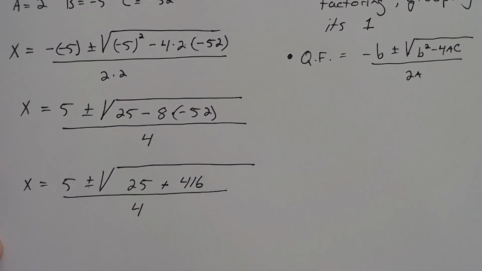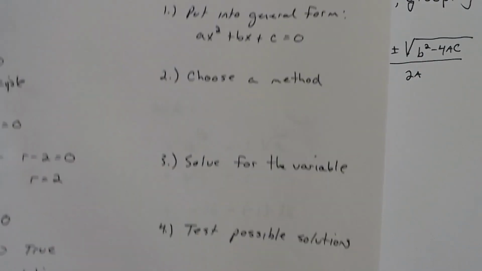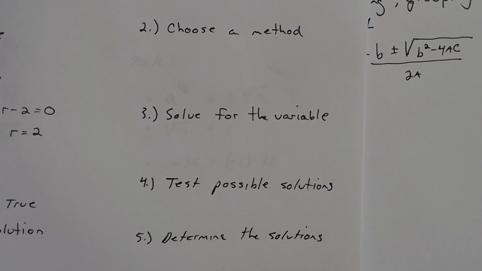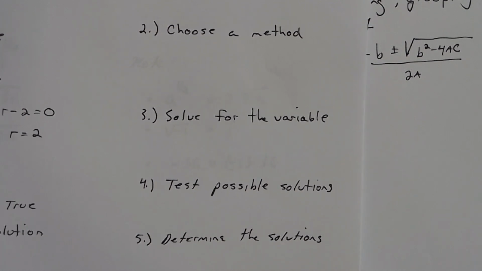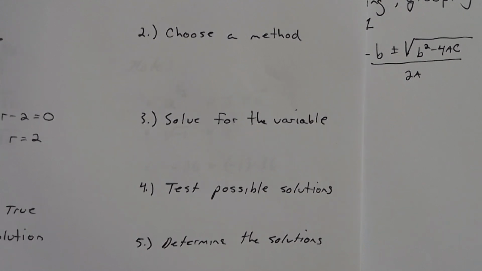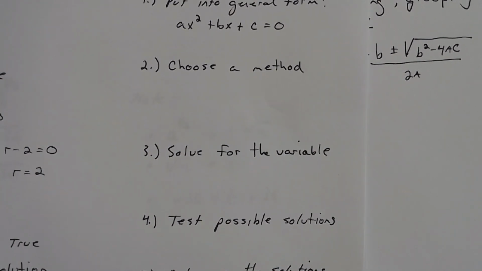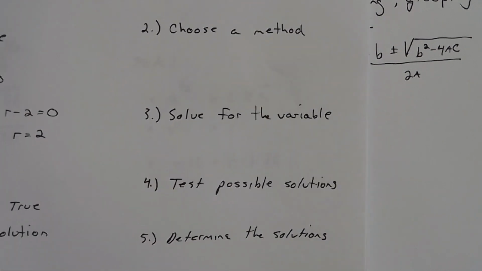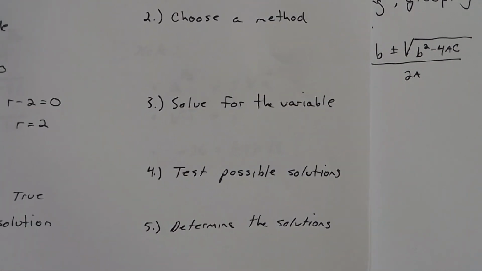to do what? Look at the coefficient. Number 4, test possible solutions. Test the possible solutions. So choose a method, put into general form, choose a method, solve for the variable, test the possible solutions, and then determine what they are.